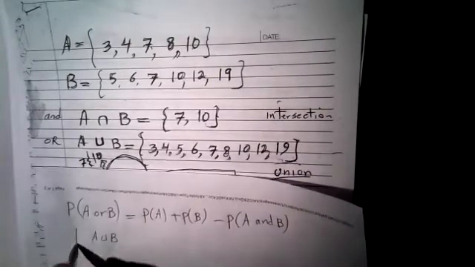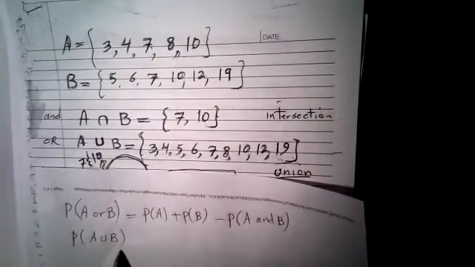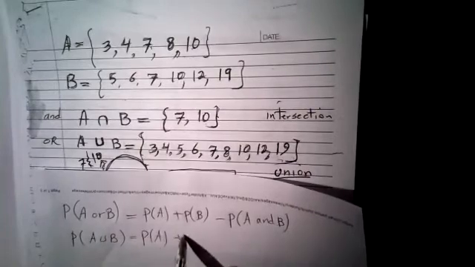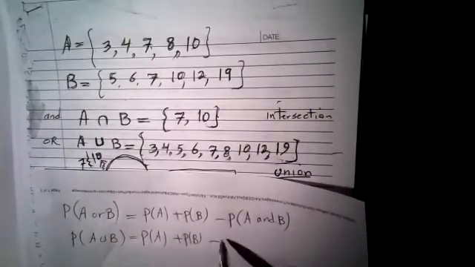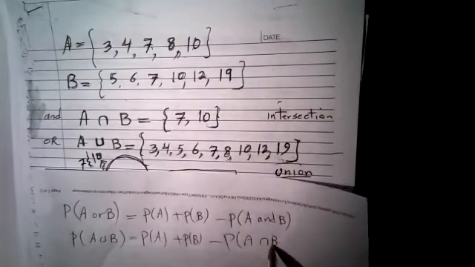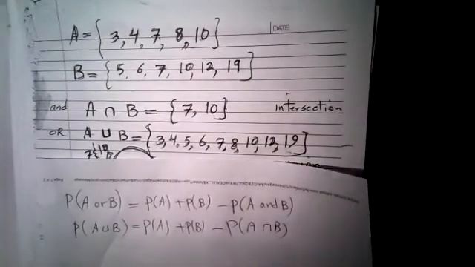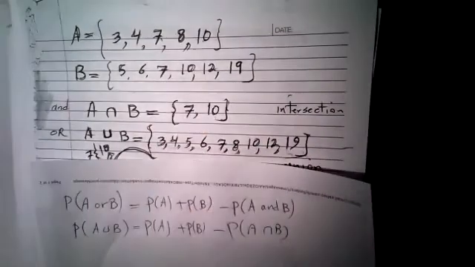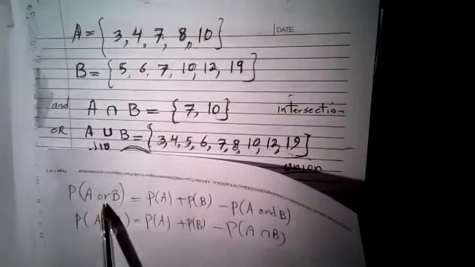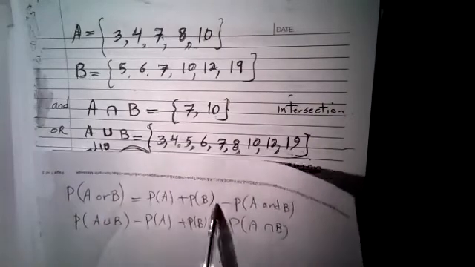Or probability of A union B is probability of A plus probability of B minus probability of A intersection B, okay? These two formulas are based on these examples. When you have the word or, union, A union B, then this is the formula.